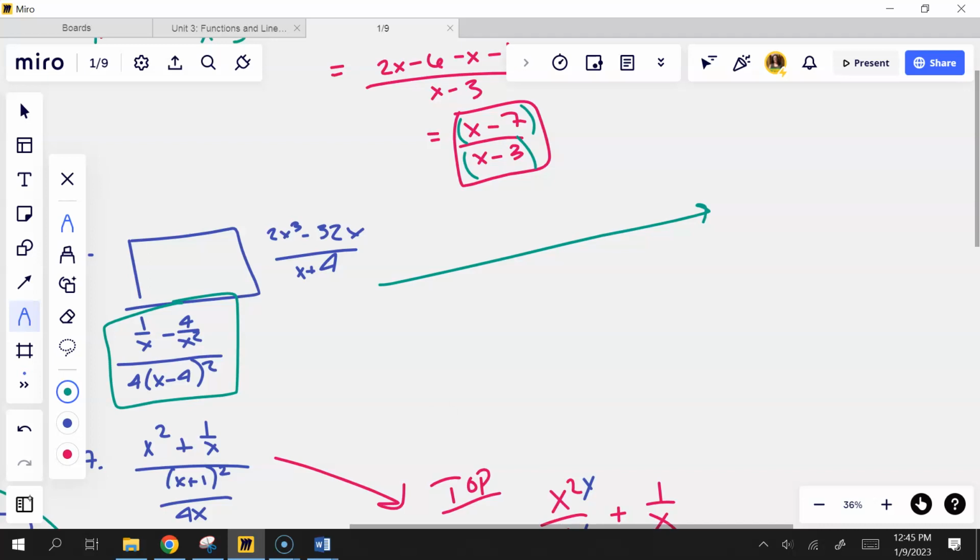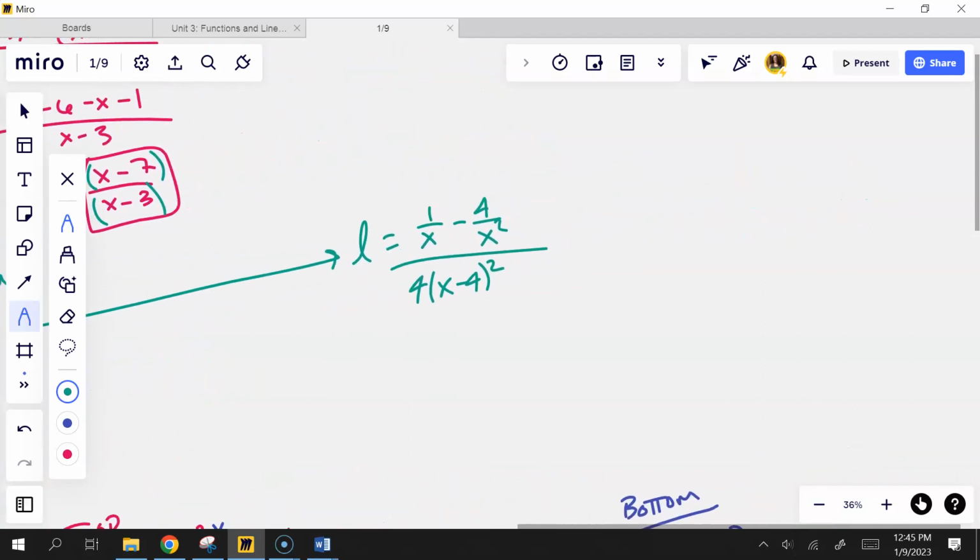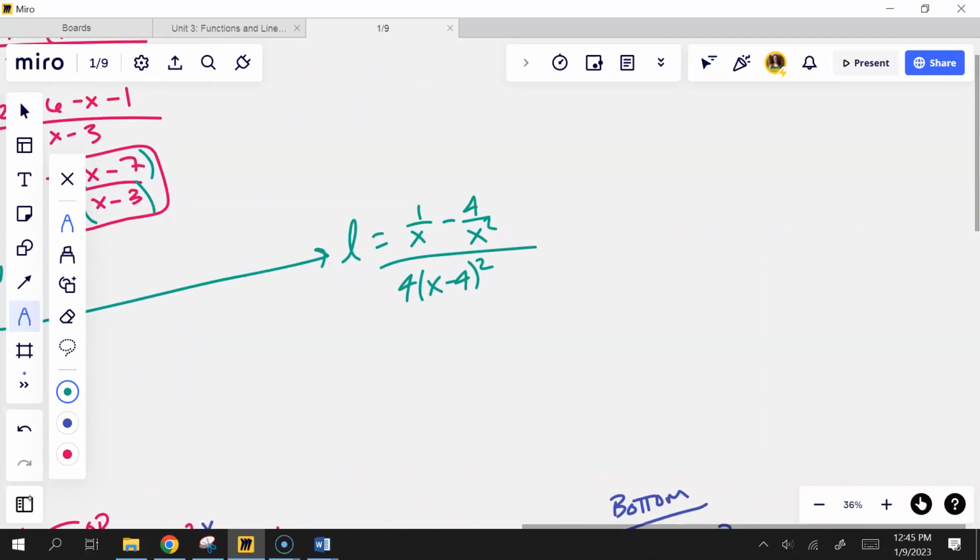So we'll call this length. So the length, this will be width. I'm very original. Okay, so the length is 1 over x minus 4 over x squared over 4 times x minus 4 squared. So let's just work with it and simplify it a little bit. Up top, 1 over, yeah. Yes, yes, that's exactly what you would do.